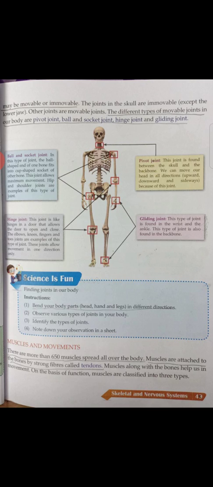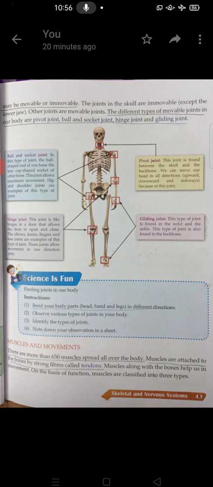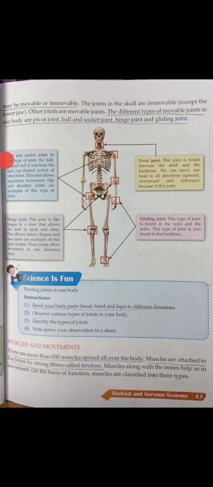Okay, these are all the names of the joints in our body. So how many types of joints are there in our body, dear children? 4 joints. What are they? Ball and socket, hinge, pivot, gliding.